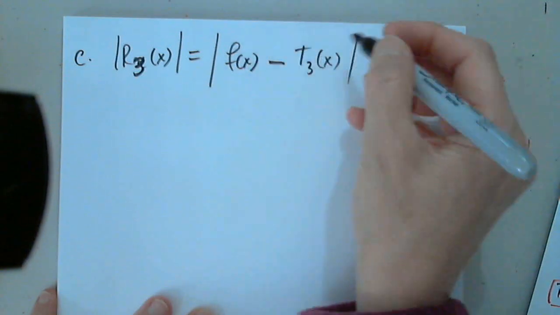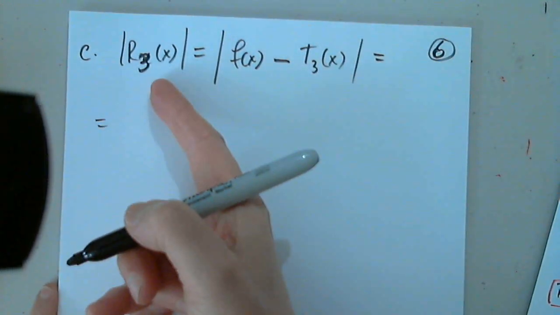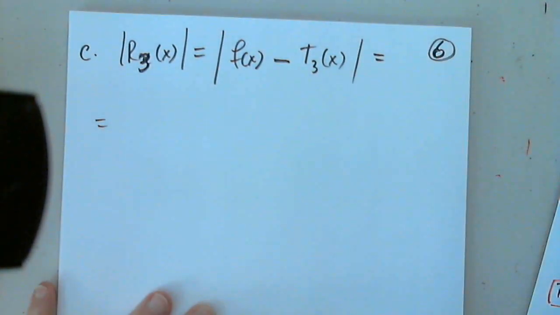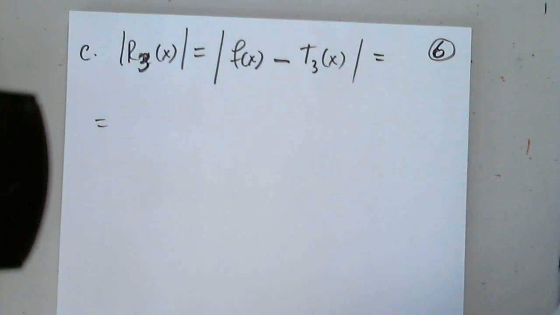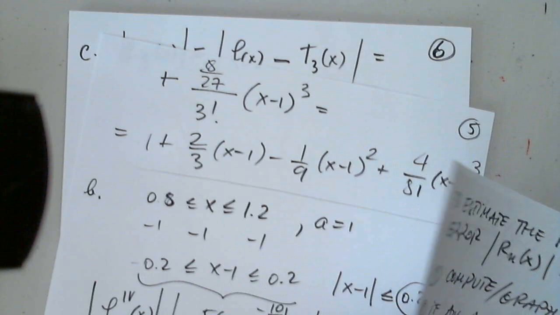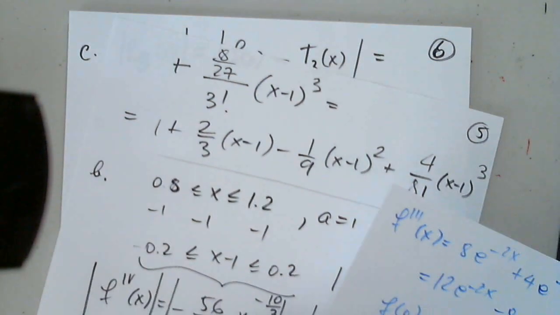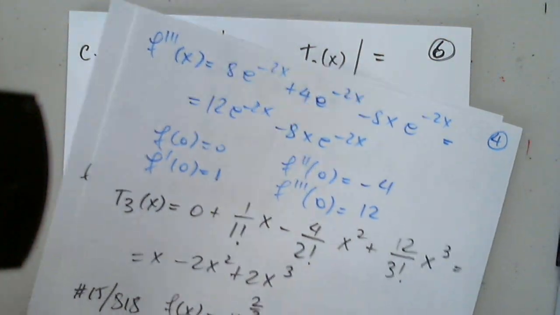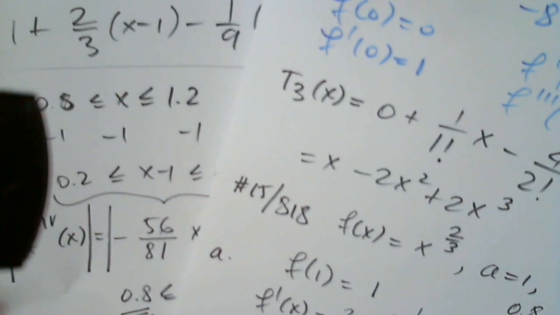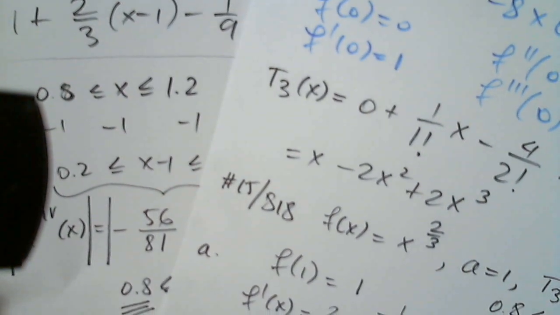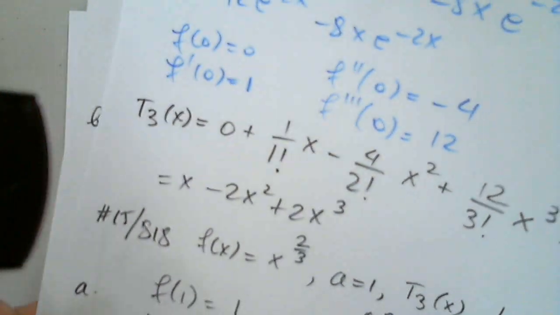So what do I plug in the graphing calculator to graph this? Okay, so what I have to plug in is the original function, if I can still find it somewhere in my papers. Yes, the function.